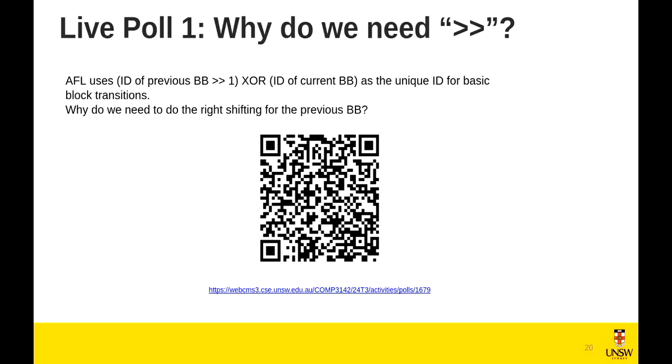There are some cases where a basic block would loop back to itself. In that case, if we don't shift by 1, we will always get 0. And there could be multiple basic blocks in one program that loop back to themselves. So if we don't shift by 1, we cannot differentiate between those cases. That's why we need to do this right shift by 1.